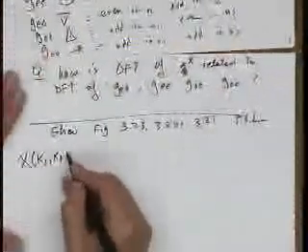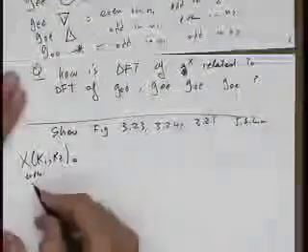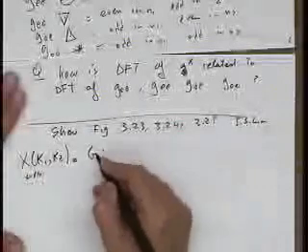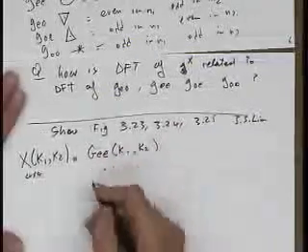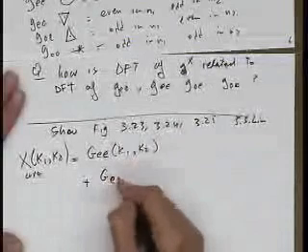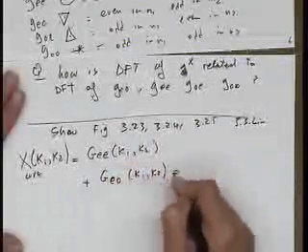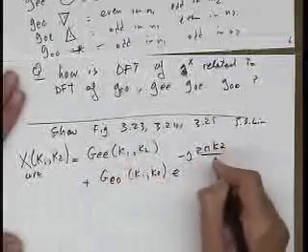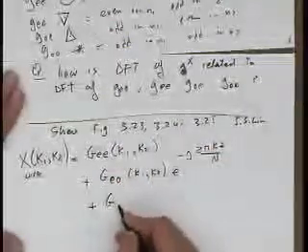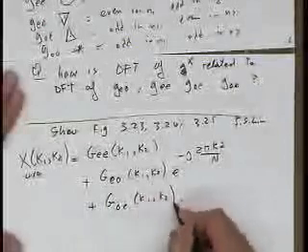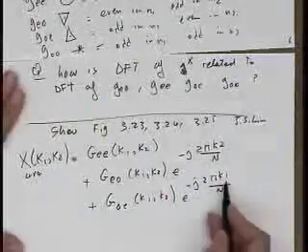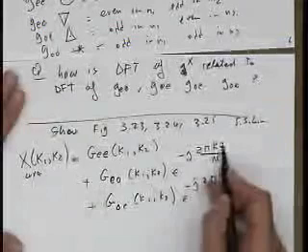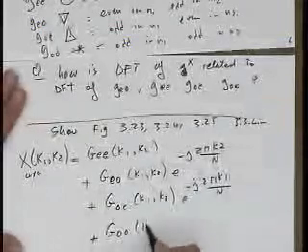X of K1 and K2, the 4 by 4 point DFT of X, is GEE of K1 comma K2, which is a 2x2 DFT of GEE, plus GEO of K1 comma K2 times e to the minus j 2 pi K2 over n, plus GOE of K1 and K2 times e to the minus j 2 pi K1 over n, because this is odd here, you get K1, because this is odd here, you get K2, plus GOO of K1 and K2.